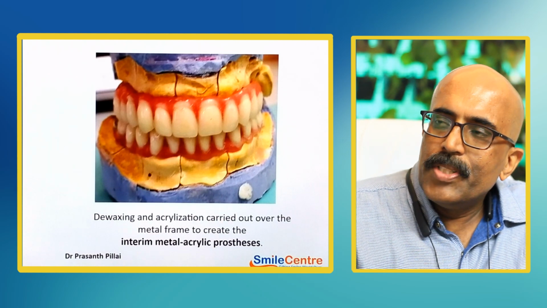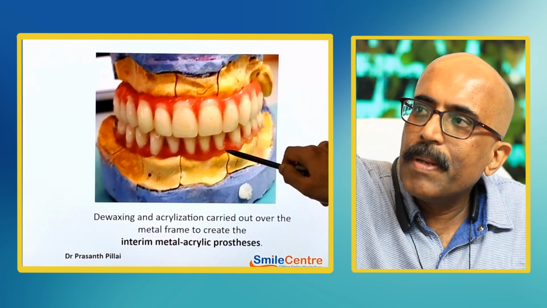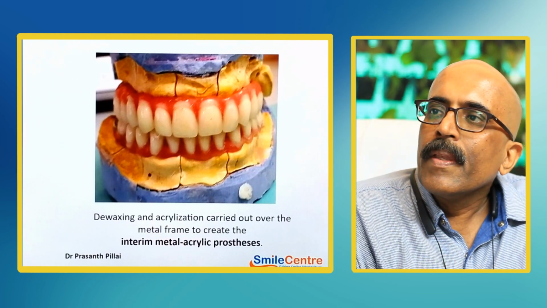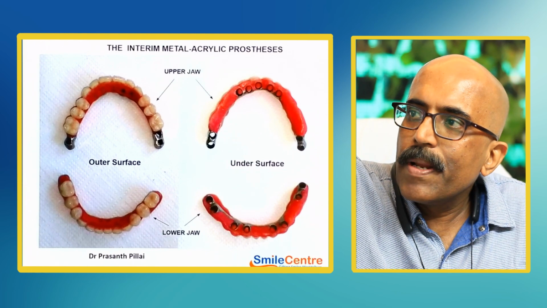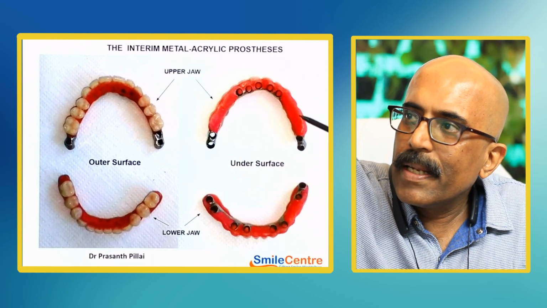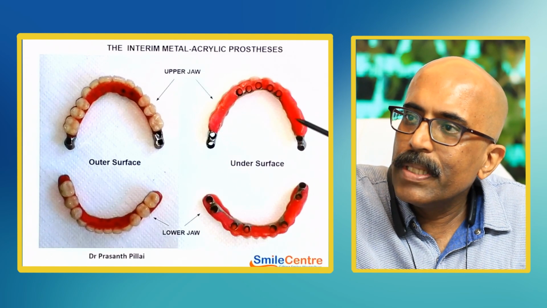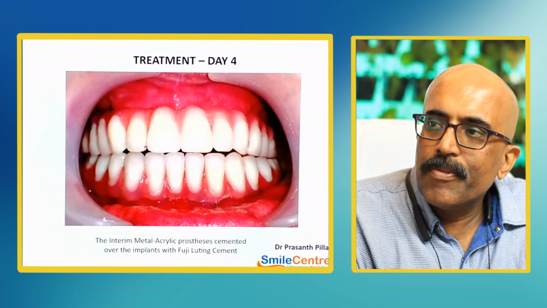And generally we provide a metal acrylic prosthesis in the first phase. You can see the metal acrylic prosthesis here, and this is how the prosthesis looks. You have the metal frame underneath, and then you have the metal acrylic prosthesis out here, and this is cemented into the patient's mouth by the 4th day.